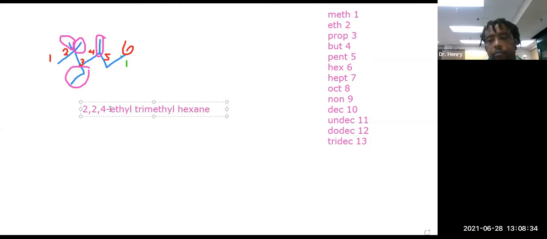Okay. 3 ethyl, 2,2,4 trimethyl hexane. Simple?